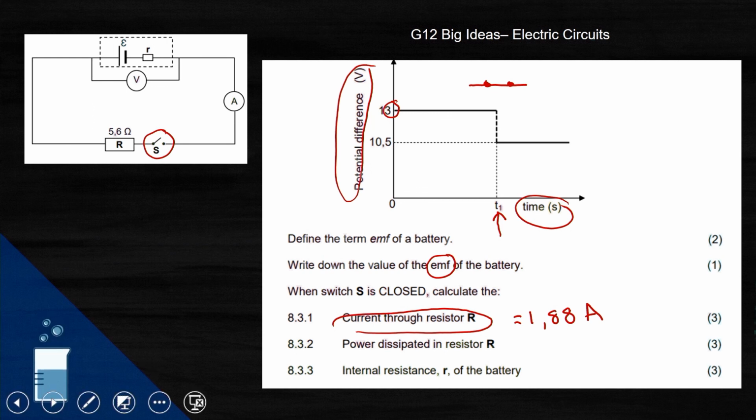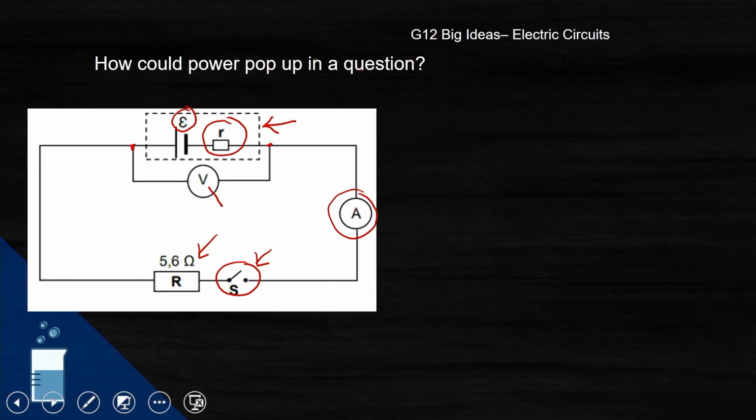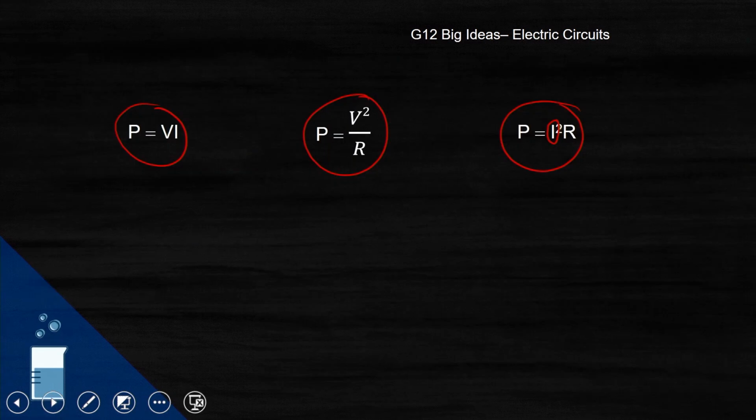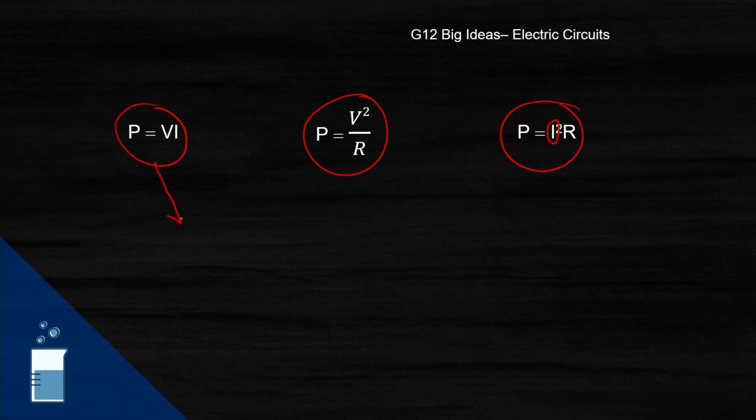You're now going to use that answer of I to calculate the power. Again, you need to decide which formula you're going to use. For this particular one, I am going to use P is equal to VI. I will substitute it in, and I get 10.5.